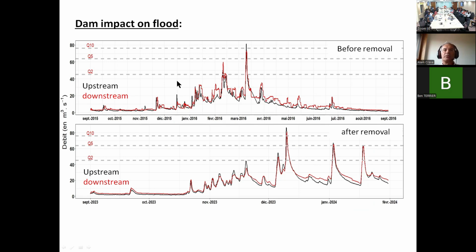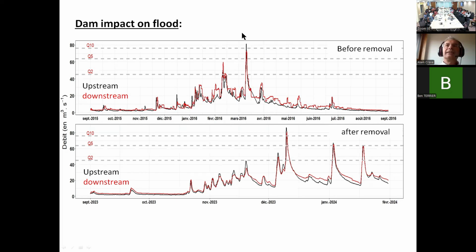Here, in the top graph, I show you one hydrograph. In black you have the value of the discharge upstream, and in red you have the value of the discharge downstream of the lake.